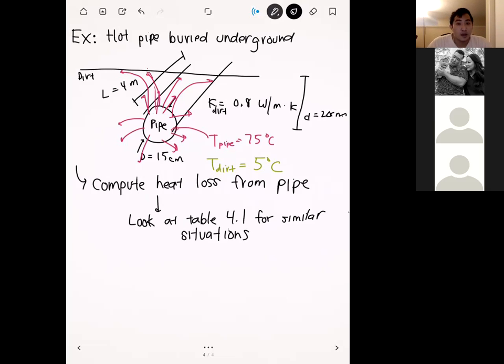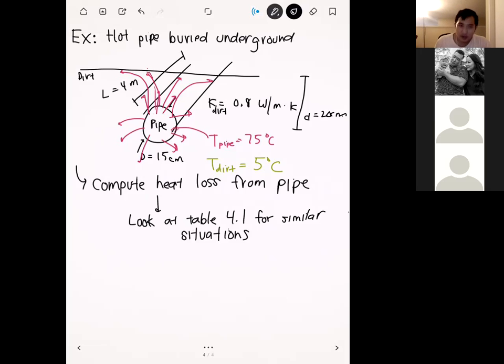In this particular case, this geometry is the same as a horizontal isothermal cylinder buried in a semi-infinite medium. If you look at the notes, page 15 of note 03, you'll see that this is the second entry in the table.